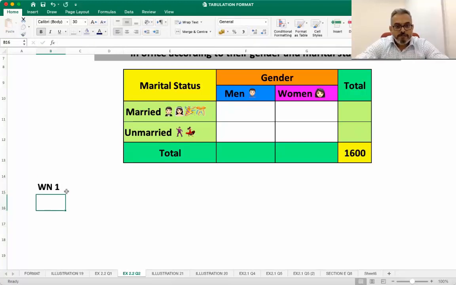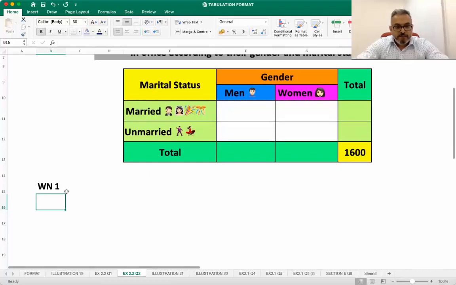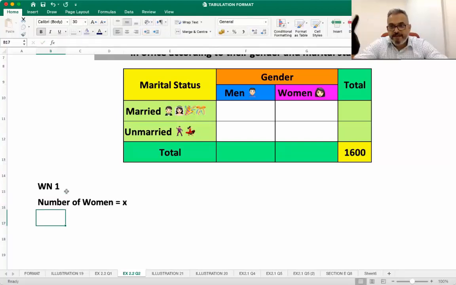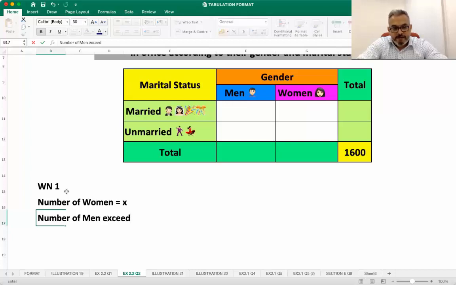Now, over here, number of women we assume as X. Okay, you can take A, B, C also.